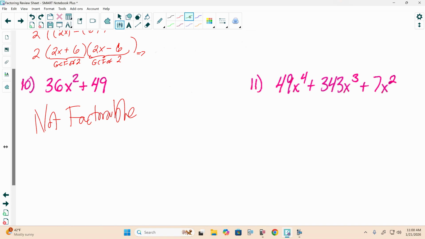So we have the 2 that we factored out first. From our first set of parentheses, we also factored out a 2. Second set of parentheses, we also factored out a 2. We're just dividing it out. When we divide that common factor out, we move it to the front. 2x divided by 2 is x plus what? 3. 2x divided by 2 is x minus 3.